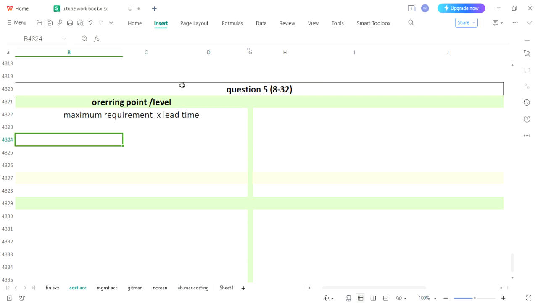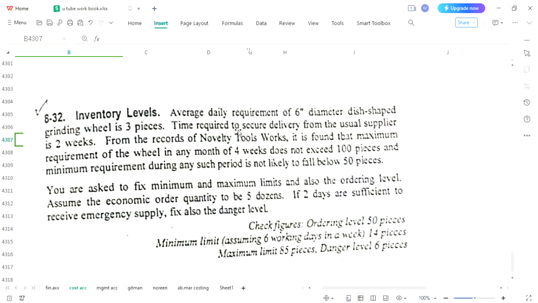Okay, so let's start our question reading. Here average daily requirement is this 6 inches. It's not requirement, it's just the size, so just ignore it. Average daily requirement 6-inch diameter dish shaped grinding wheel is 3 pieces. So let's note it down. It is average daily requirement.